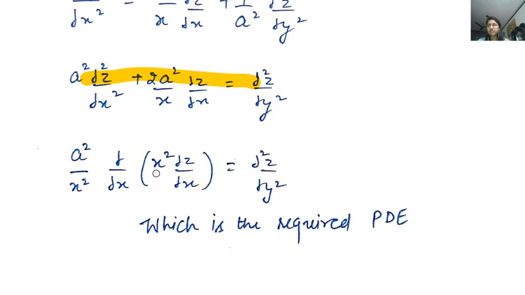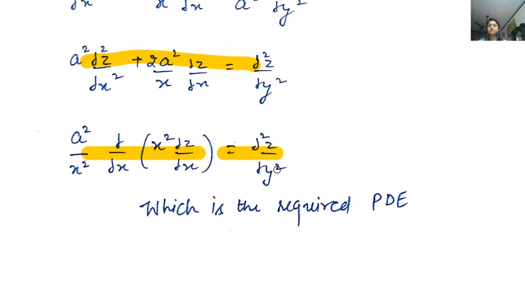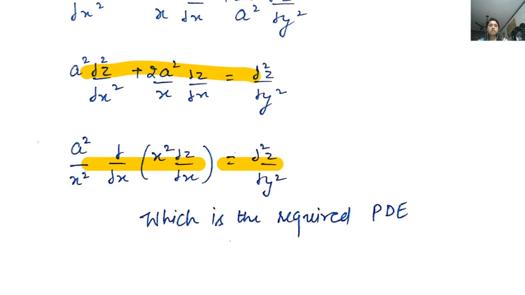And when we differentiate ∂z/∂x, taking x square as it is, we have a square into ∂²z/∂x², this term. So we can combine this also, otherwise this is okay. And this is the required partial differential equation free from arbitrary function. Thank you.